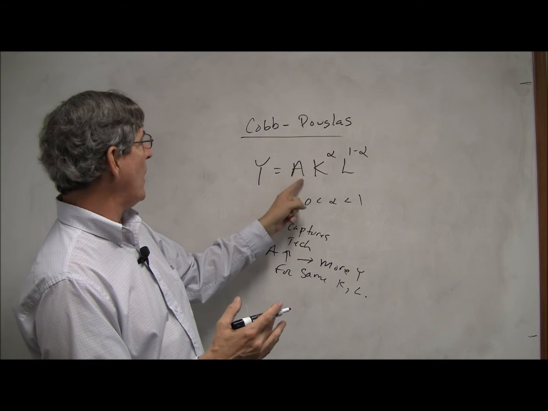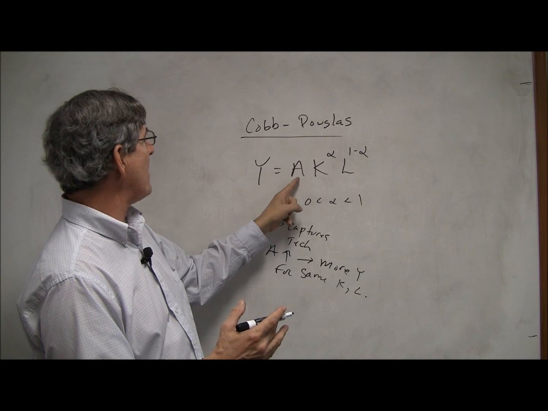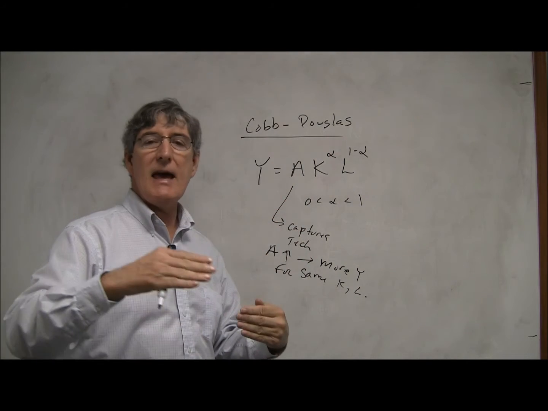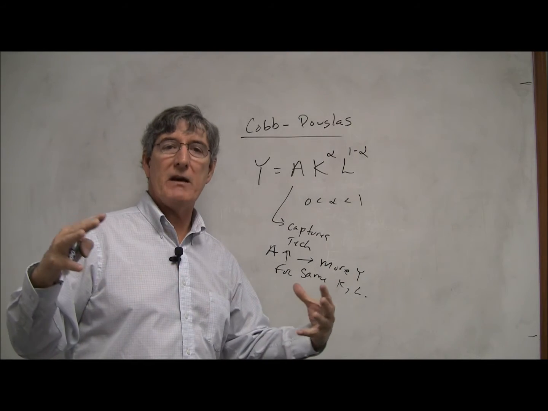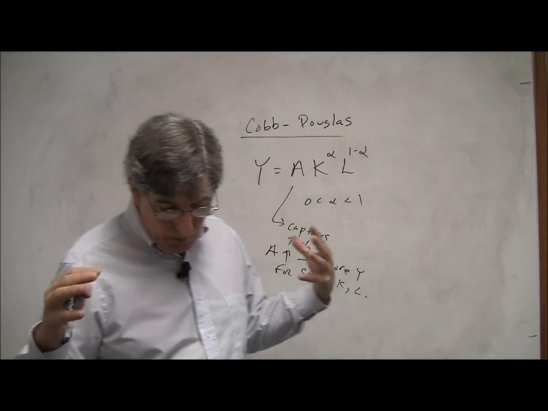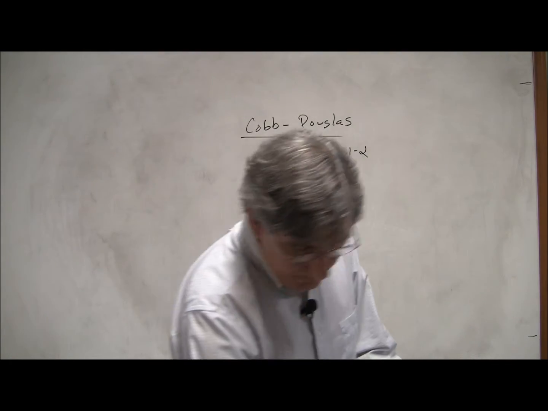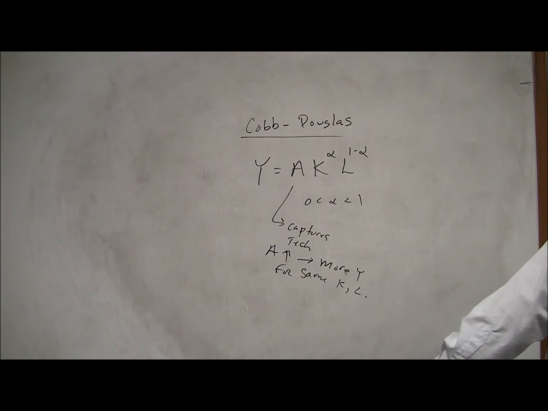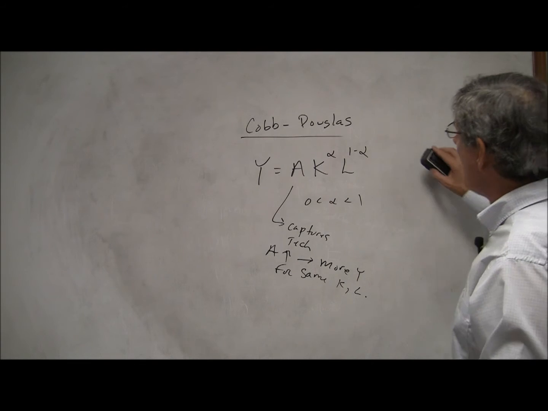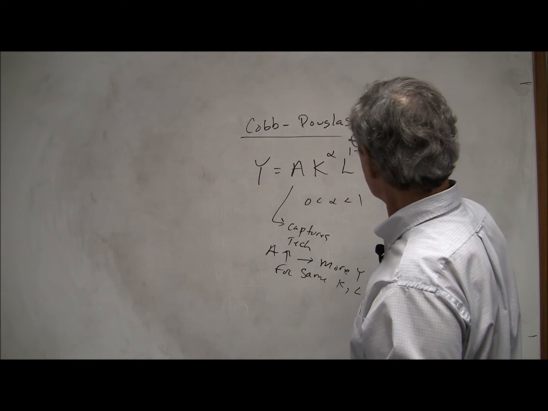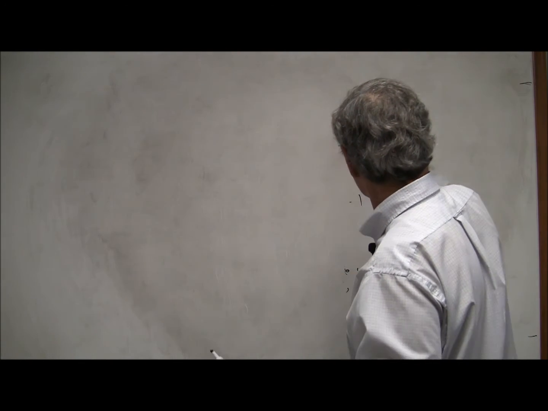And the next couple of chapters will look at what happens as A grows over time, as we get better and better technology. Because that's going to be an important part of the growth story. And we'll mostly use this Cobb-Douglas production function when we actually write down a specific form, because it's nice and simple to work with. It has nice properties.